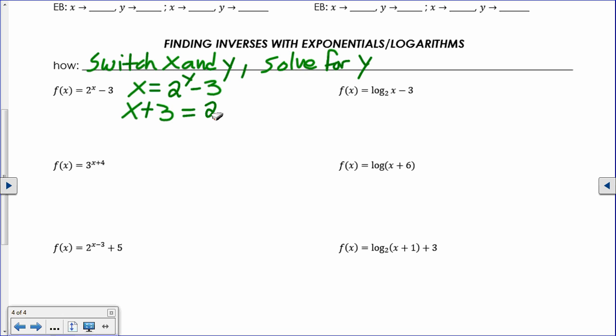Housekeeping comes first. Divide? No. You can't divide by 2 because it has an exponent. You cannot take the square root. Guys, how do you solve when it's an exponential?